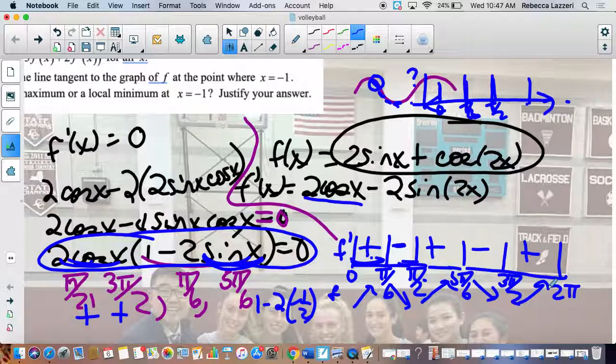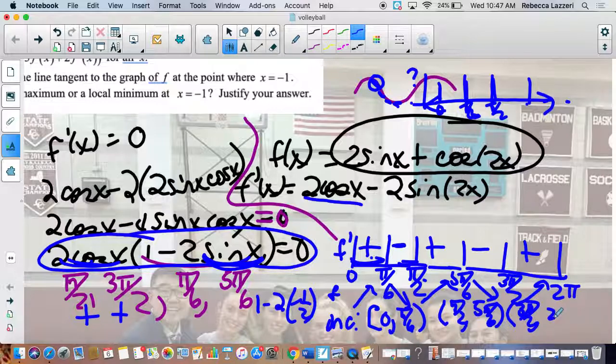Now, what I was going to say is I would say this one is increasing on the intervals 0 to pi over 6, and pi over 2 to 5 pi over 6, and 3 pi over 2 to 2 pi.